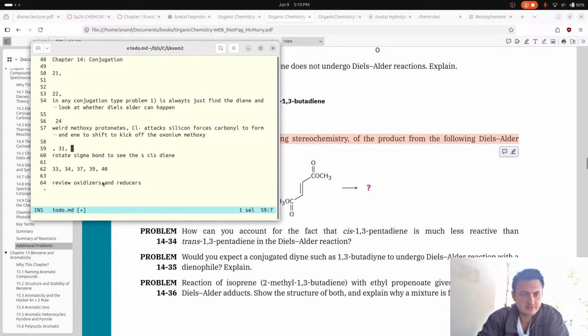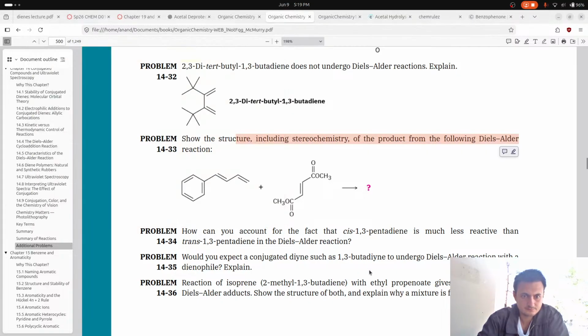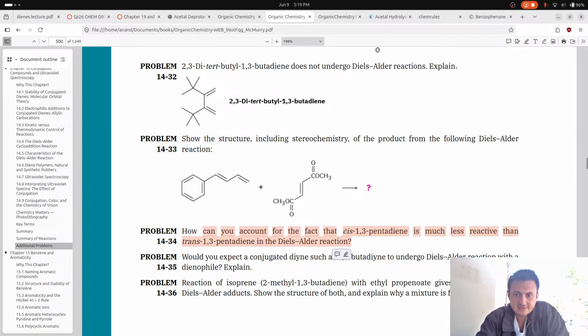Okay, 34. How can you account for the fact that cis-1,3-pentadiene is much less reactive than trans-1,3-pentadiene in Diels-Alder reactions? What does that even mean?